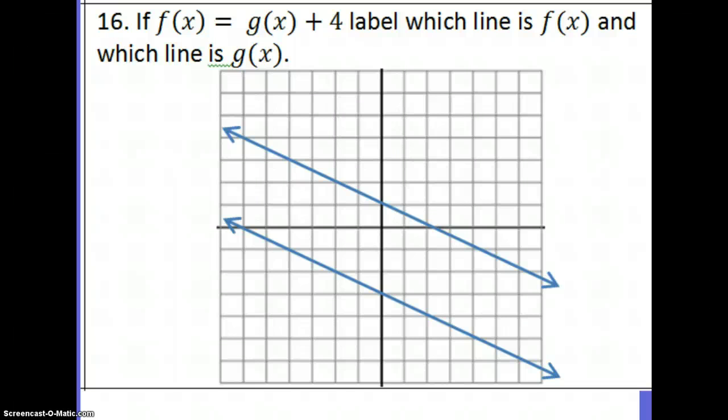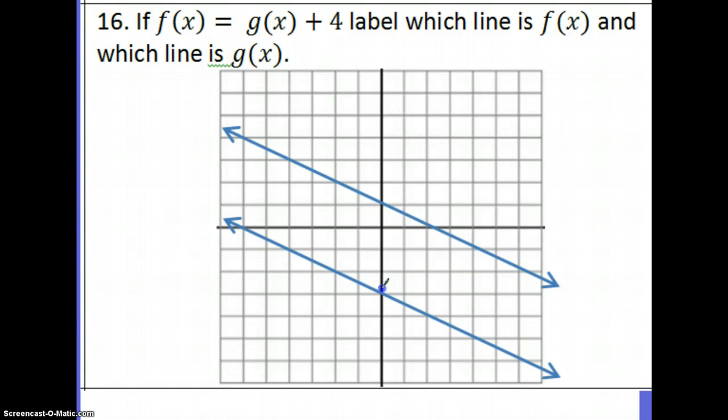Number 16, if f(x) is equal to g(x) plus 4, label which one is f and which one is g. f is equal to the line g plus 4 more. So f has to be greater than g because f is the g equation, the g line, plus 4 more.